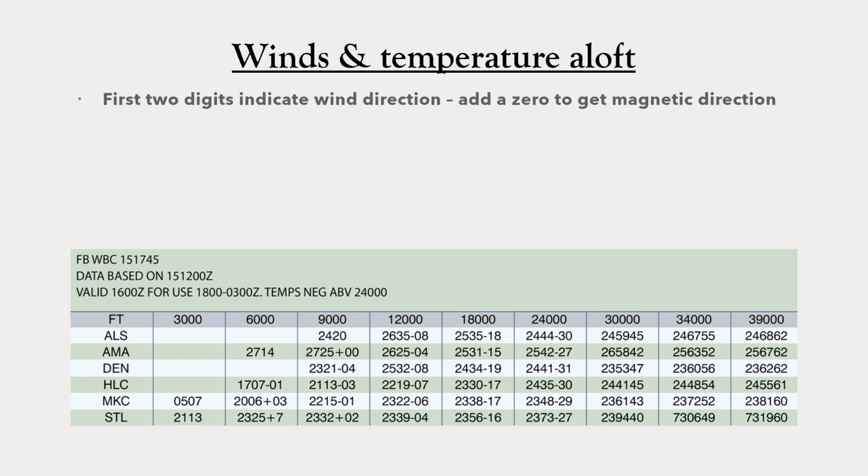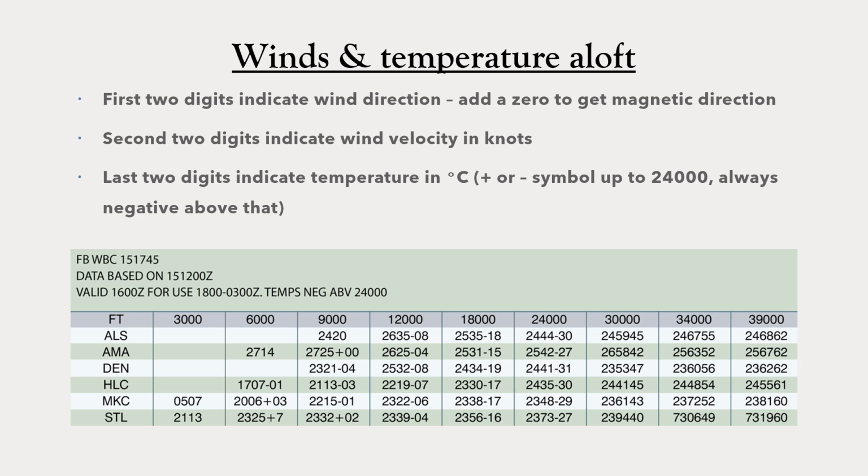So the first 2 digits in the entry indicate the wind direction. We need to add a 0, and then we get the magnetic direction of the wind at that altitude. The second 2 digits indicate the wind velocity in knots. And then the last 2 digits indicate the temperature in degrees centigrade.